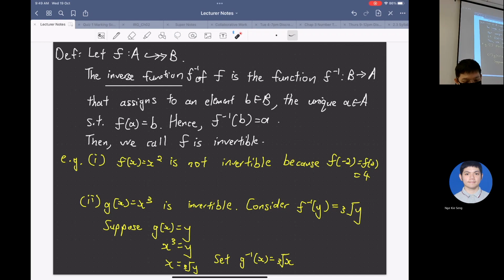First of all, is this what you did in your secondary school or high school? No? I'm not very sure, I forgot already. Okay, never mind. So what I did here is I found the pre-image for y. So this is the pre-image of y. The definition of the inverse function is to send your b to the pre-image.